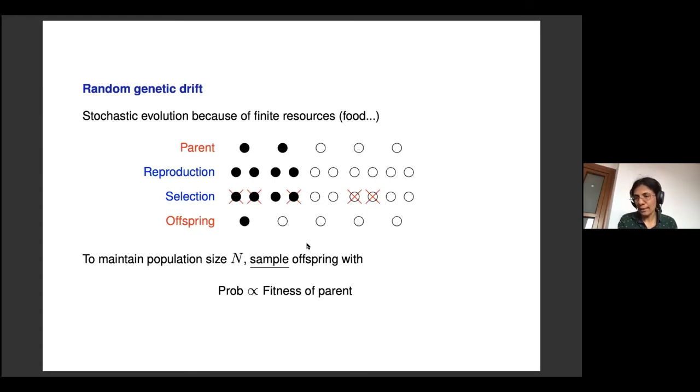So in this manner, because of the constraint that these are finite resources, there is a sampling noise, and that is implemented. That's what basically random genetic drift is. So that's the stochasticity which is there in finite populations. Now, this stochasticity has some very important effects.